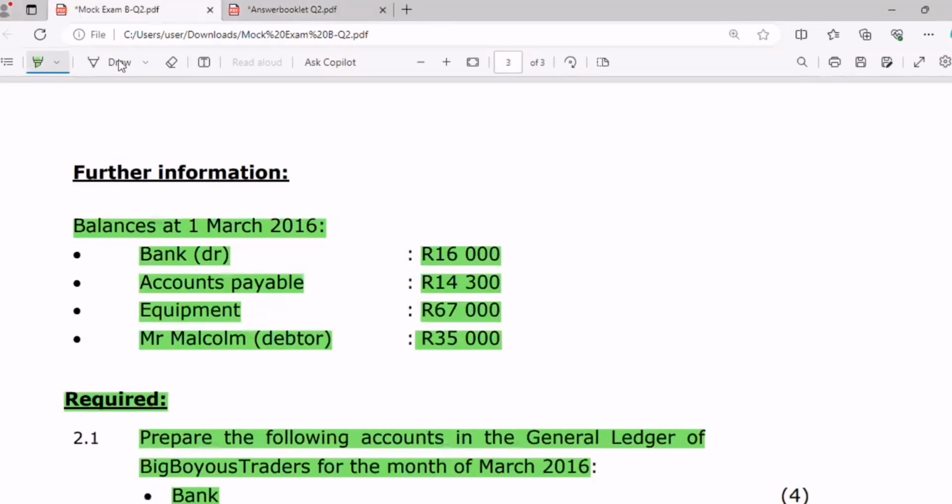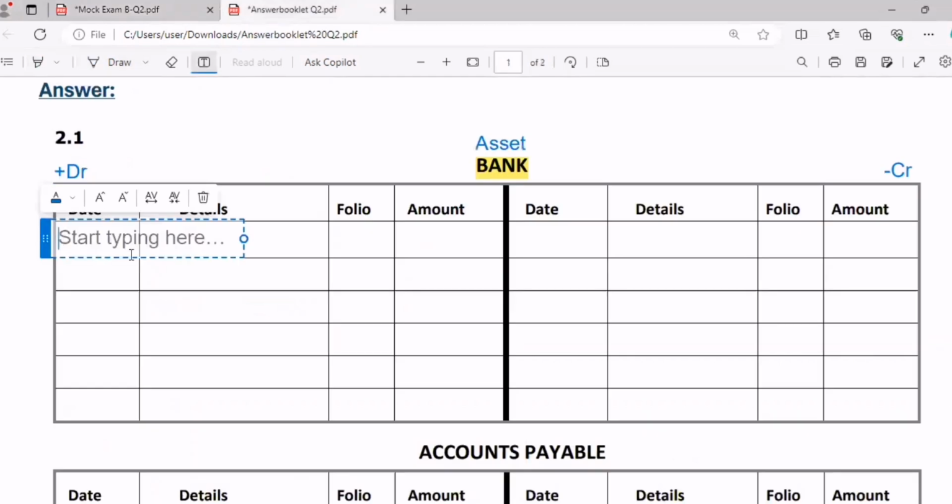On the 1st of March 2016, the balance that was available in our bank account is given as 16,000. So this is the opening balance, and it is a debit balance, meaning we're going to record this opening balance on the debit side. So we're going to write the date, 1st of March.